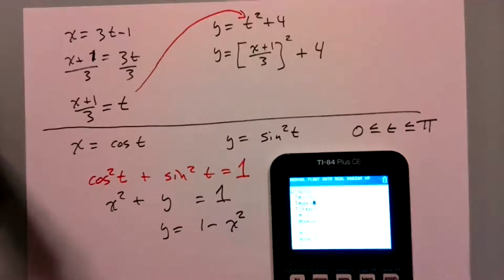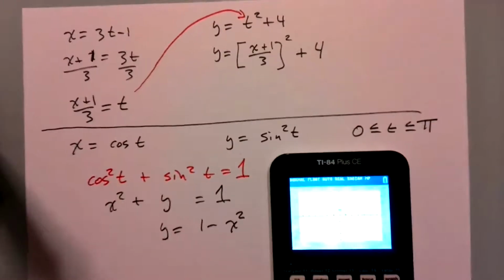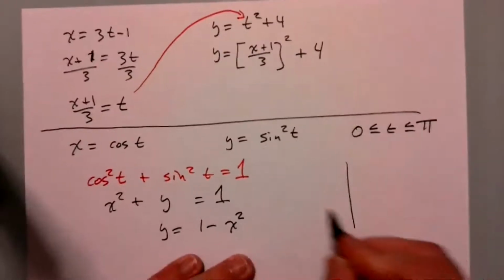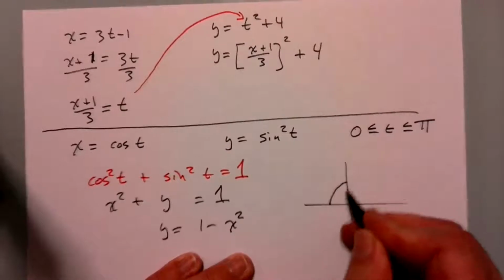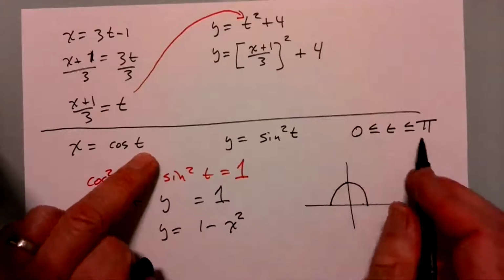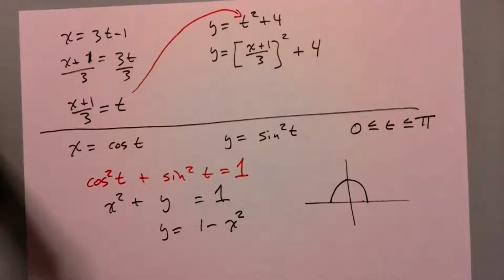So in the window, t is going from 0 to pi. I don't know about the other stuff. I like to start with zoom decimal if I can. Let's see what the graph looks like. Portion of a parabola, right? Y equals 1 minus x squared. You can't quite see that, but indeed it's the portion of the parabola that goes like this. Obviously, cosine of 0 is 1, cosine of pi is negative 1, so you can see that's our range of values for that one.